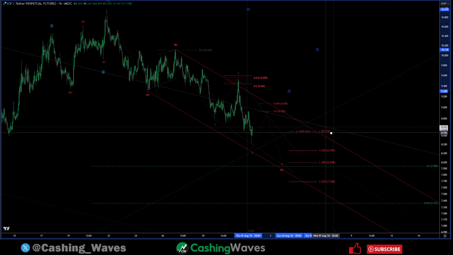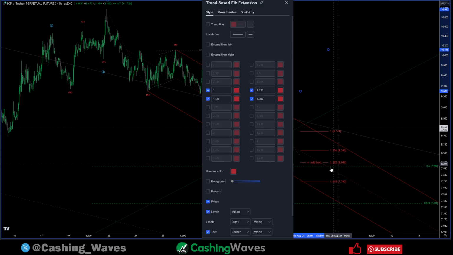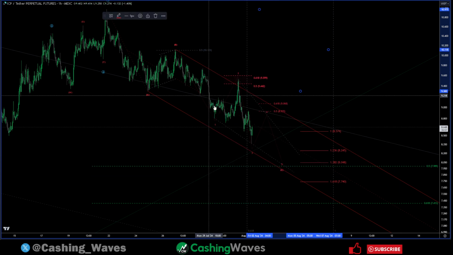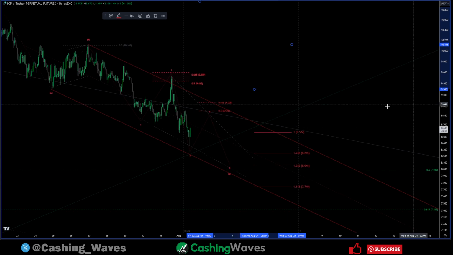So that's where we are looking for our C wave. One of these targets. And ideally our ending diagonal also matches up with this.